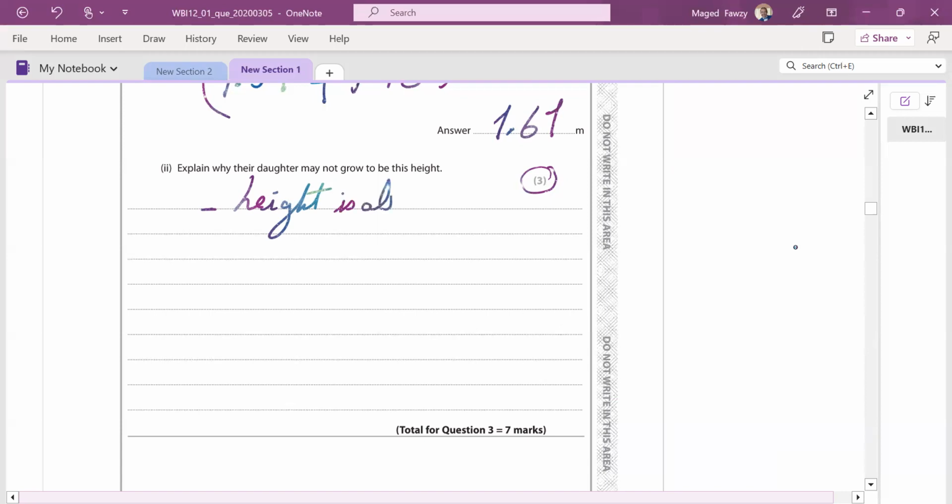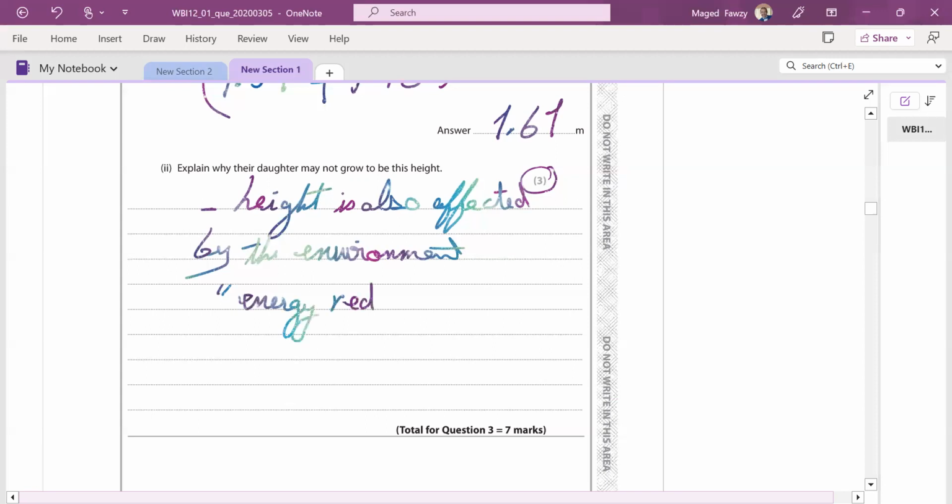Is also affected. Between brackets you can write energy reduction or growth.